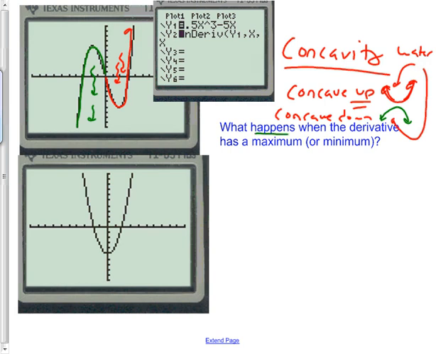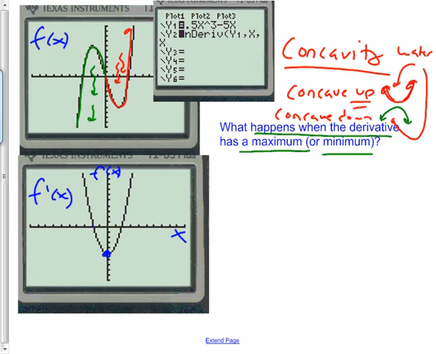What happens when the derivative is a maximum or a minimum? Either one. Well, if we think about that, here's my derivative function, and here's my function. When my derivative has a local, in this case, minimum, remember, this is x, and this is f prime of x.